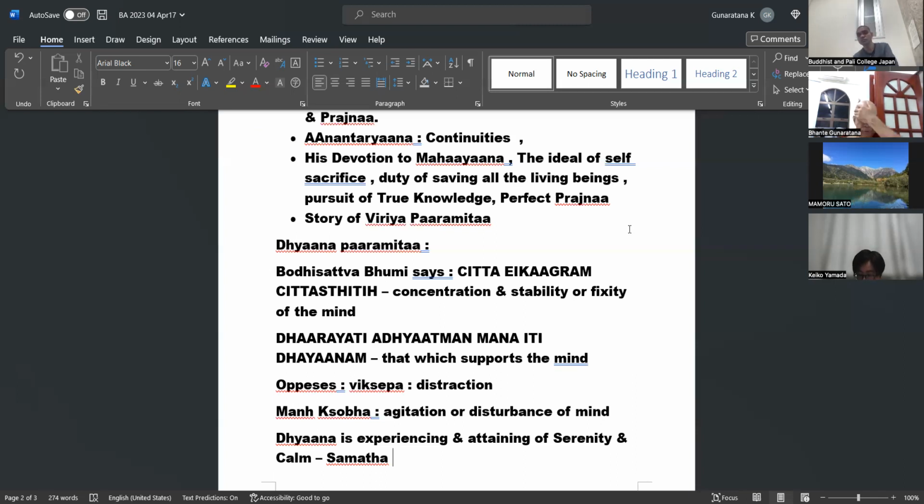So Bodhisattva maintain the definition. Chitta Aikagram, Chitta Sthiti: the oneness or one-pointedness or concentration and stability or fixity of the mind. Dharayati Adhyatman Mana iti is that which supports the mind. So dhyana is opposing distraction, agitation, disturbance.